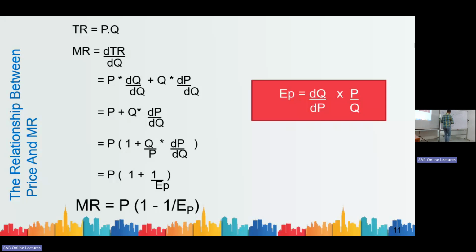My diagram is not to the perfect scale, so that's why. Marginal revenue is 7.5.